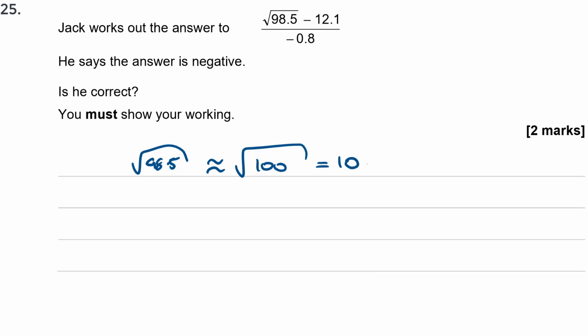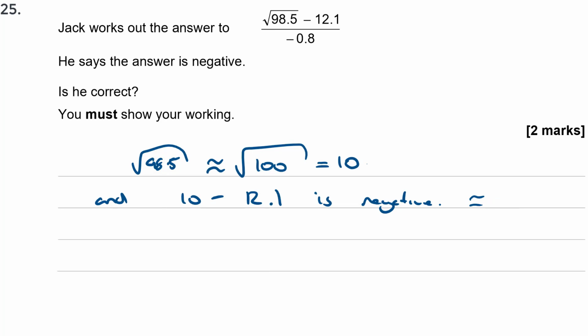I subtract 12.1, I'm going to get a number less than 0. So that is going to be negative. Okay, and then the top part of my line is going to be negative, and then I'm going to divide it by another negative. It's going to be roughly minus 2.